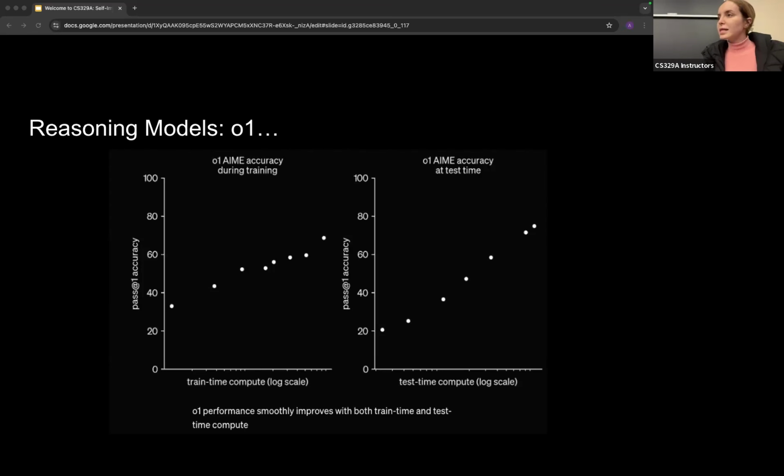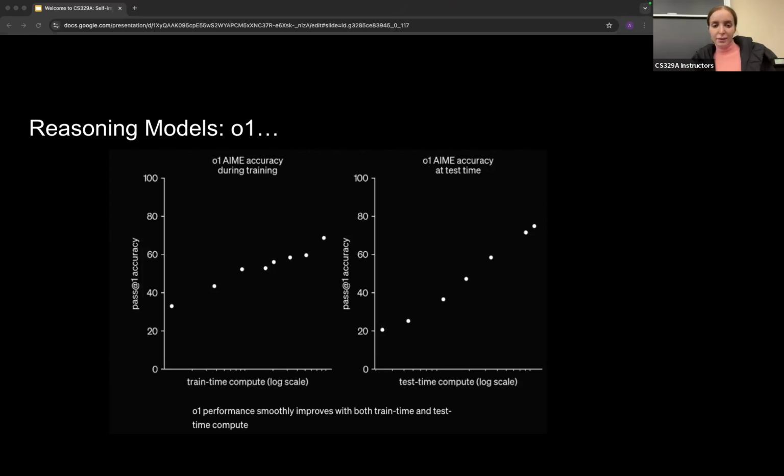But we can also see the same thing in terms of pass-at-1 accuracy on these O1 models as we increase the test time compute. This is a very interesting phenomenon all of a sudden, because each unit of test time compute is much cheaper, right? It's just running the inference once. So this creates a new opportunity to really make the language models powerful.